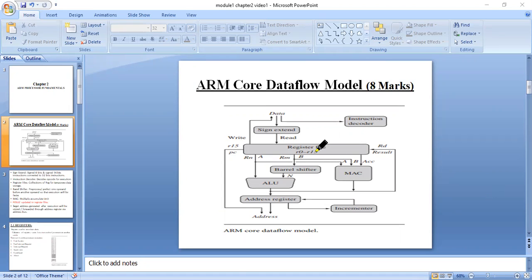So where can we see this R1 and R2? Let me show here.